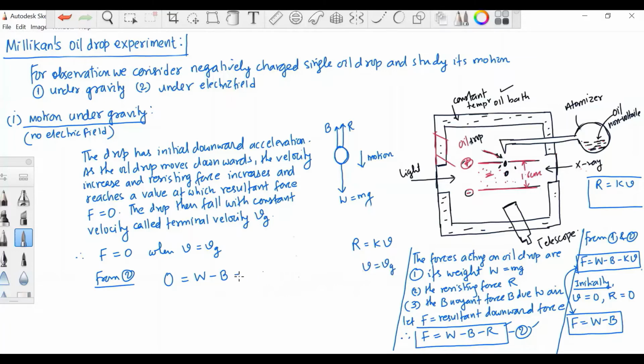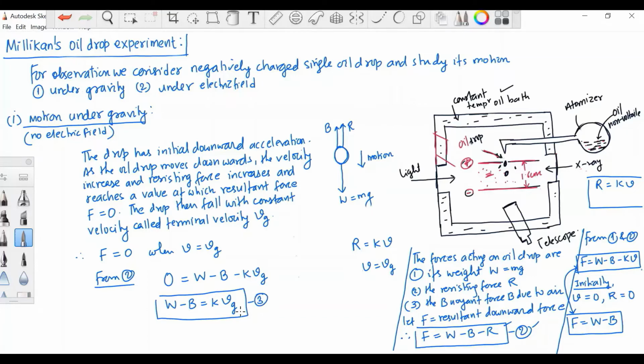So W minus B equals K times Vg, and let us call it equation number 3.